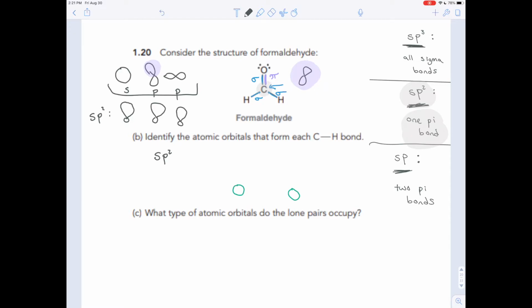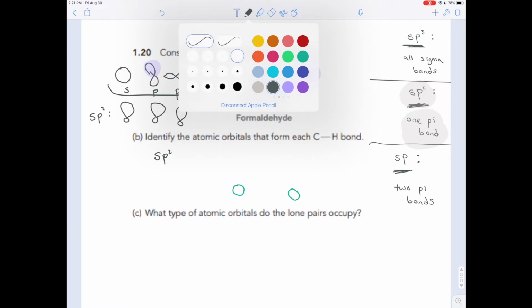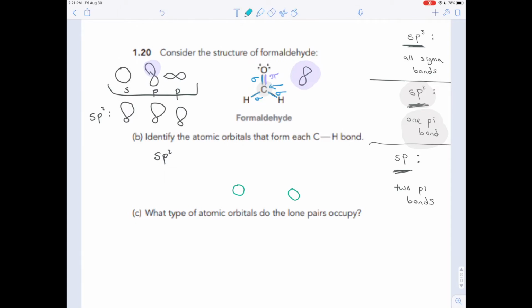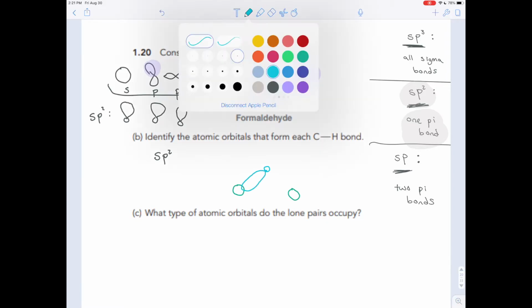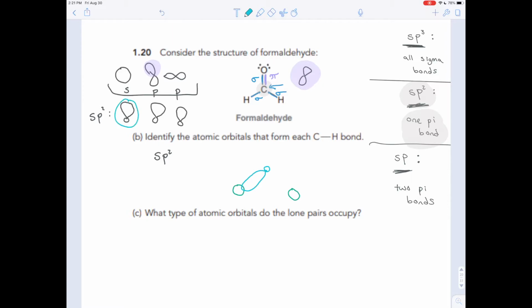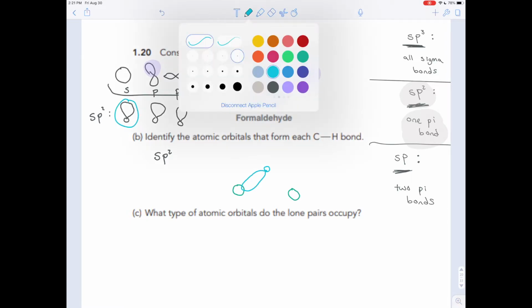Now I'm going to draw each of these in a different color so that it doesn't mix together as much. You'll see what I mean. So I'll have one sp2 orbital. So this is the carbon right there. I'm going to draw the orbitals on it. So we've got this one sp2 orbital. And then we're going to have another sp2 orbital.